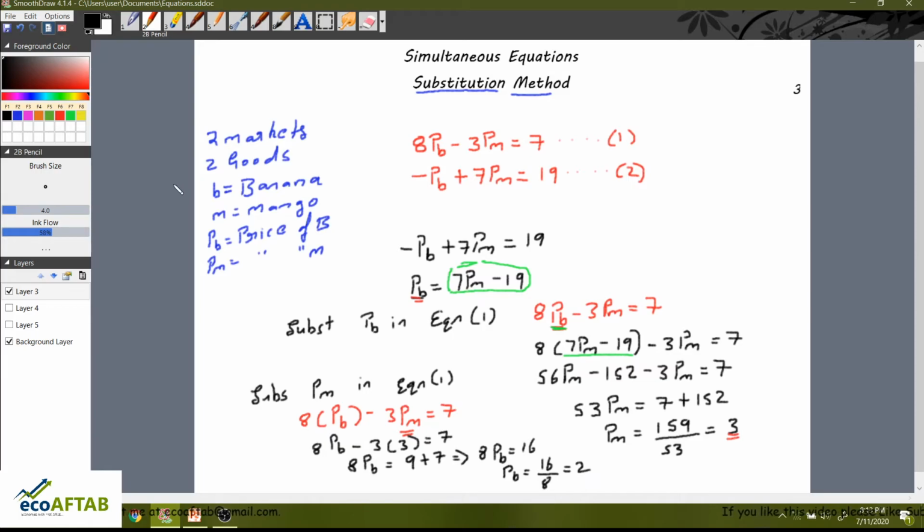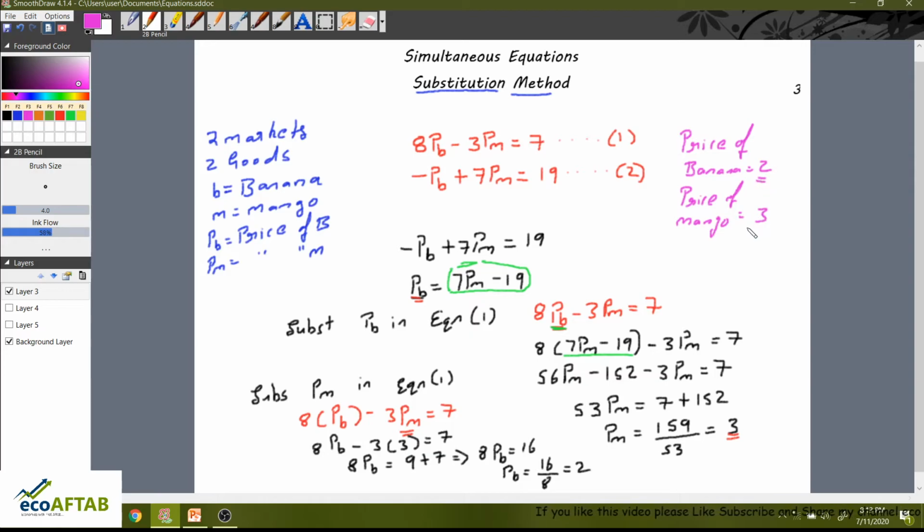So friends, what we understood is that through the substitution method, the price of banana B is 2 rupees and the price of mango is 3 rupees.